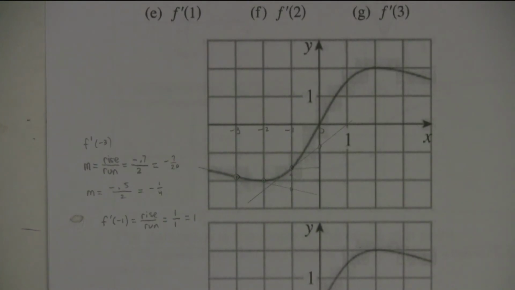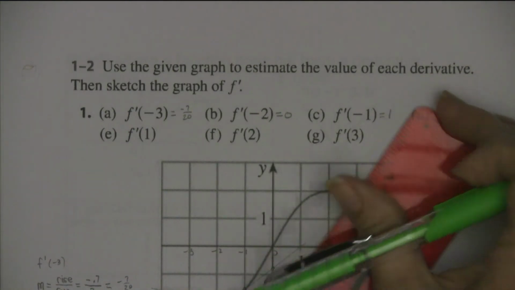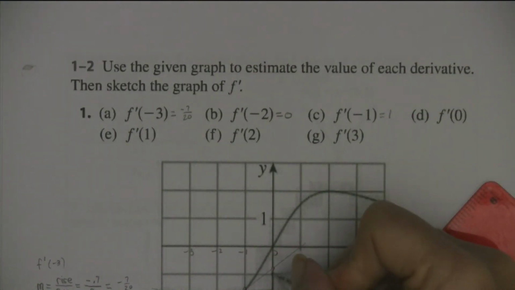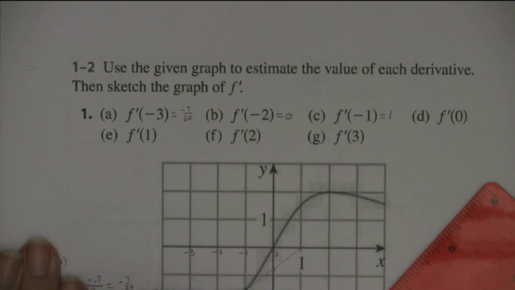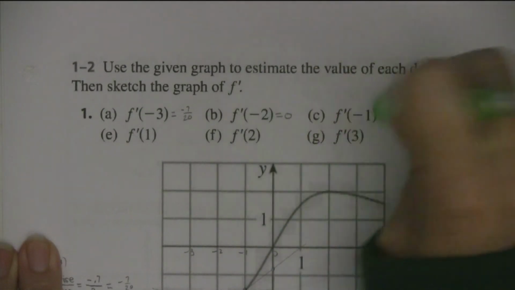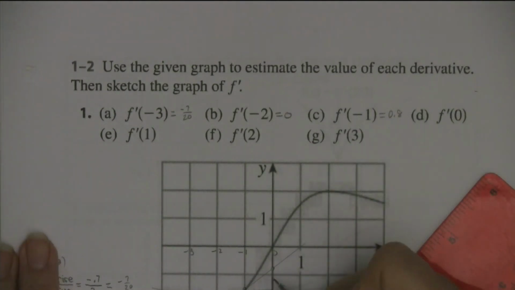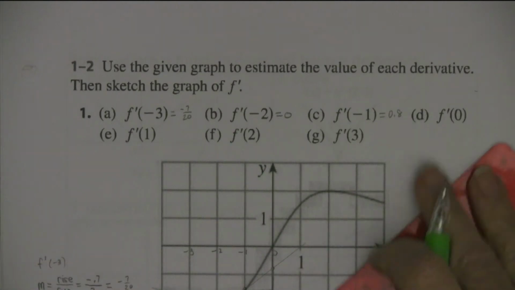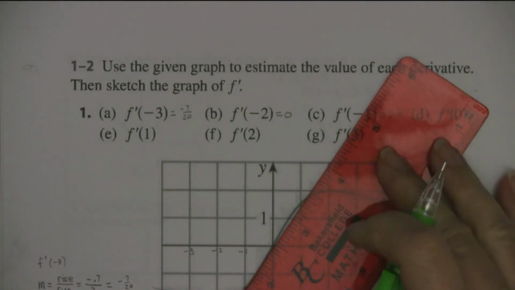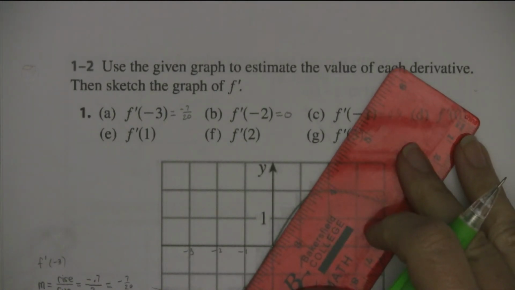And then at 0, yeah, I'm going to go 0.8. I was kind of convinced it was 1, and then I'm more carefully looking at it and thinking, no, it's not. So here I am at 0, and I'm drawing that in.